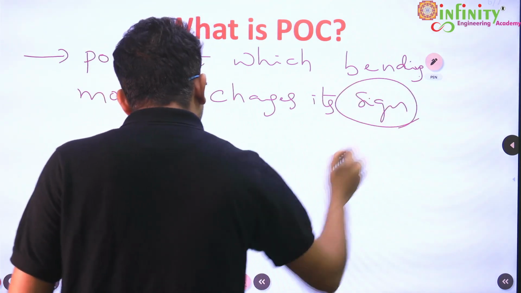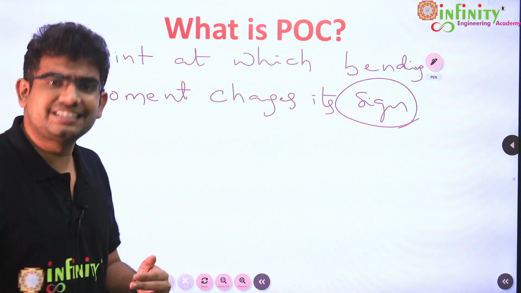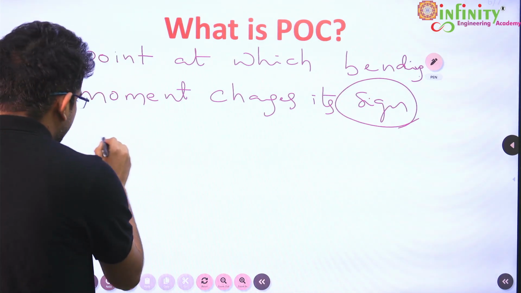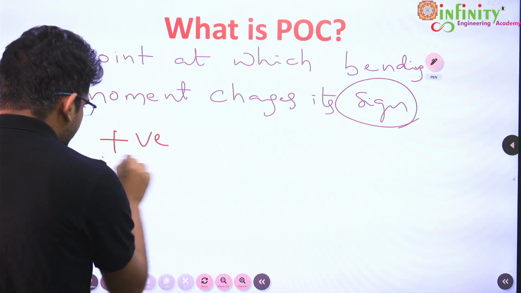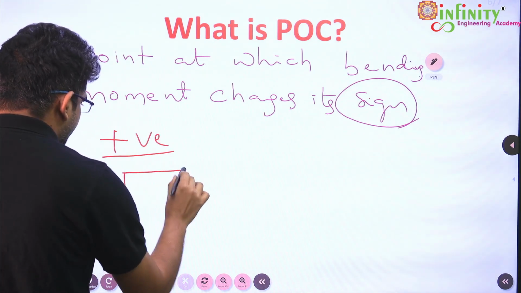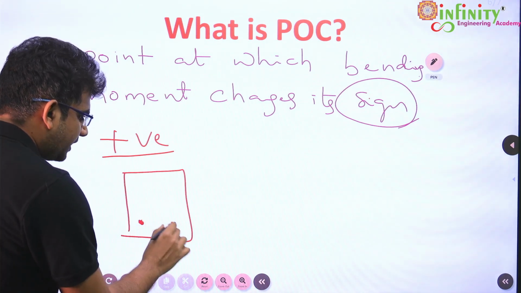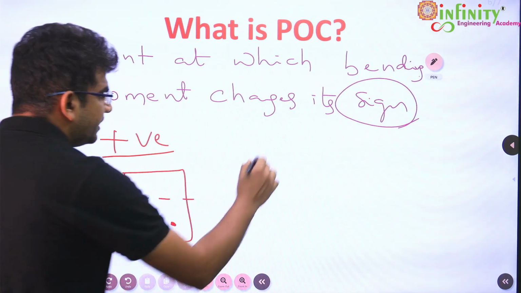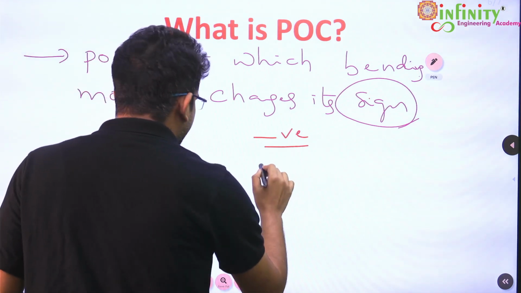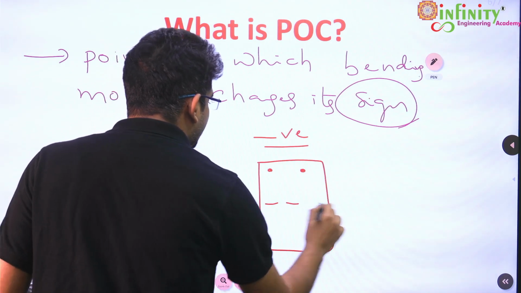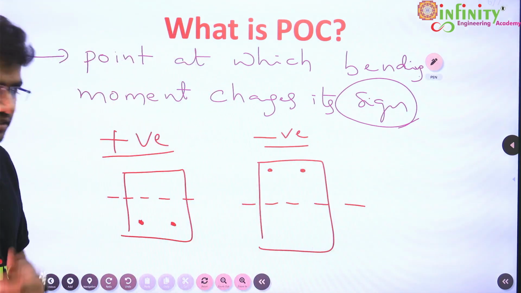Whenever the bending moment changes its sign, if it is the positive bending moment, we keep the tension reinforcement below the neutral axis. If it is the negative bending moment, we keep the tension reinforcement above the neutral axis like this.